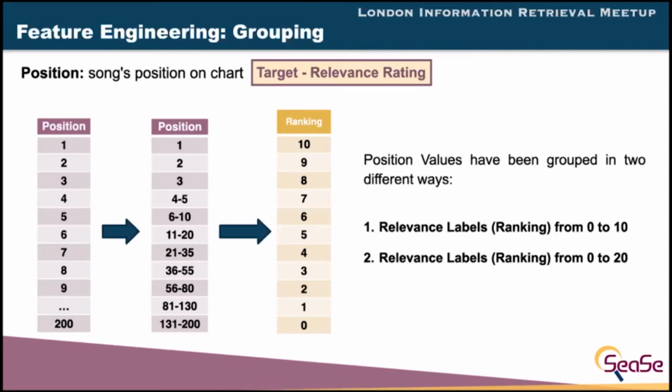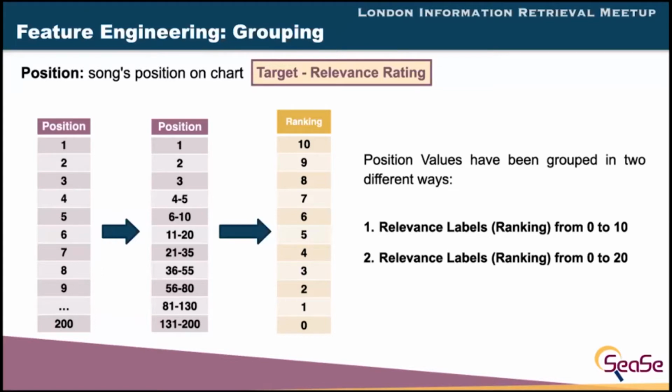So we decided to group the position values and make a sort of mapping in 2 different ways, creating a relevance label from 0 to 10, as you can see in the ranking column, and another approach creating a relevance label from 0 to 20. And then we checked the difference between these 2 variations in the model performance.